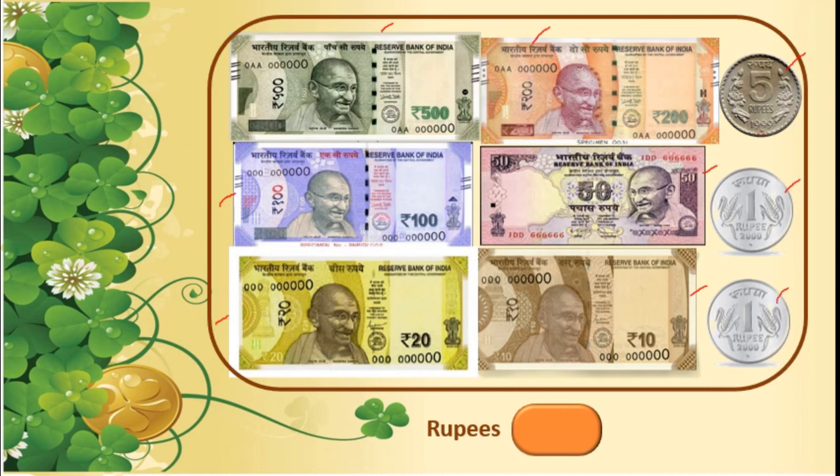We have to see the denomination written on the note and on the coin. So the total is 887, isn't it? You also got the same now? Okay, nice.